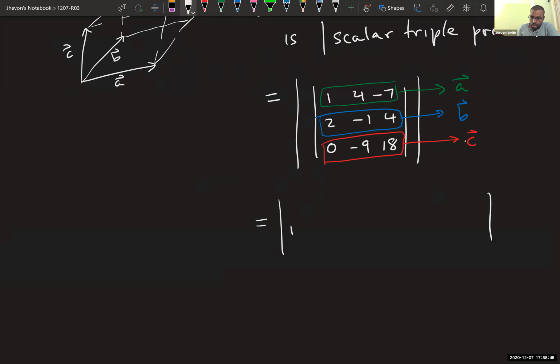So it's going to be 1 times -18 plus 36, minus 4 times 36 minus 0, plus -7 times -18.